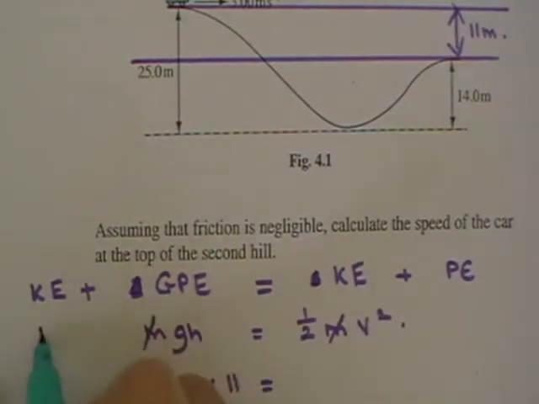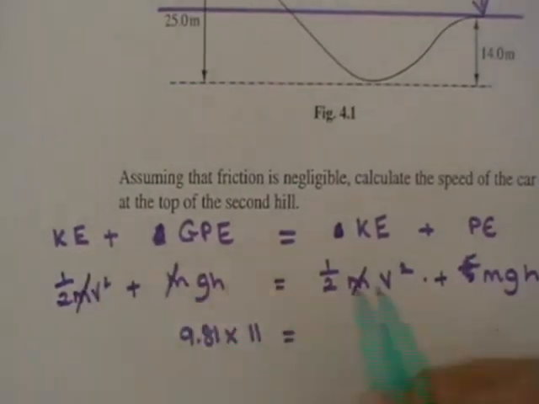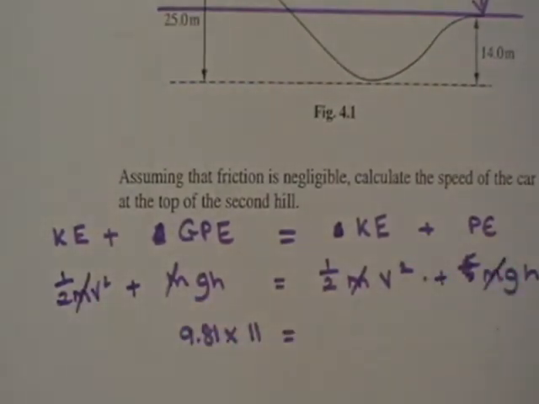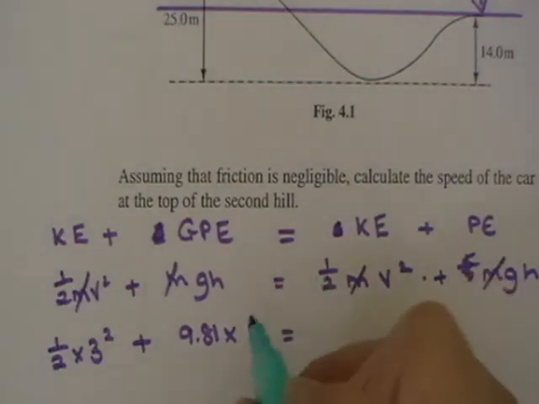So we're saying that a half mv squared plus mgh is equal to half mv squared plus mgh. Now the m's all cancel each other out. And so we're saying that a half times 3 squared plus 9.81 multiplied by 25 to start off with.